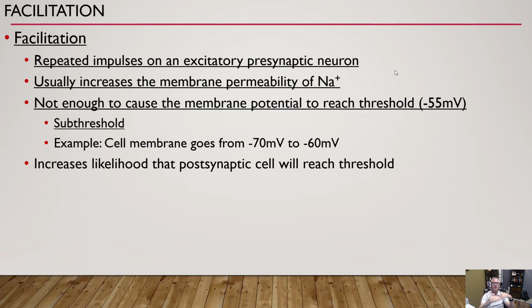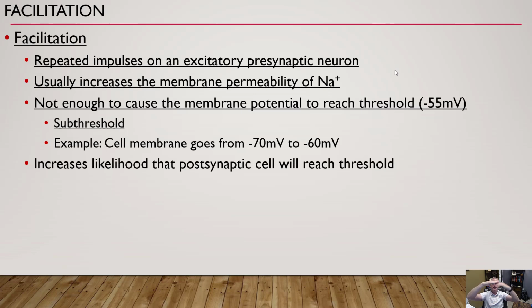Remember that our resting membrane potential is negative 70 and we're trying to get to negative 55. We dump in a little bit of sodium, a little bit rushes in, a little bit more rushes in, but not enough to reach that threshold of negative 55 to generate an action potential.